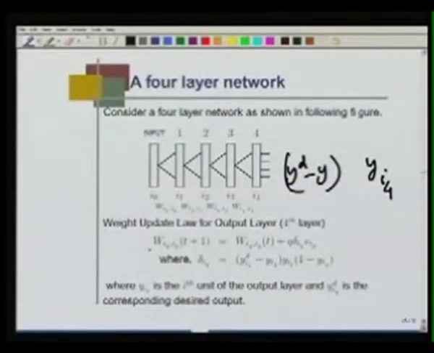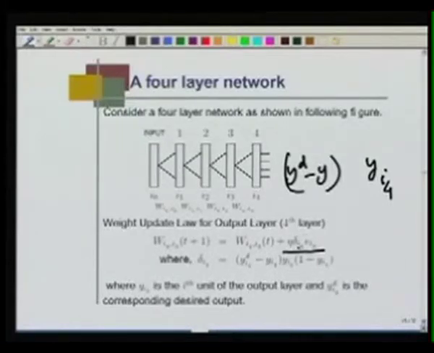So what you are seeing here is that, as we saw earlier, W_i4i3 is the typical weight in this fourth layer, and it is updated using the generalized delta rule, which is eta times delta, the error back propagated, times V_i3, the input to the connection weight W_i4i3.